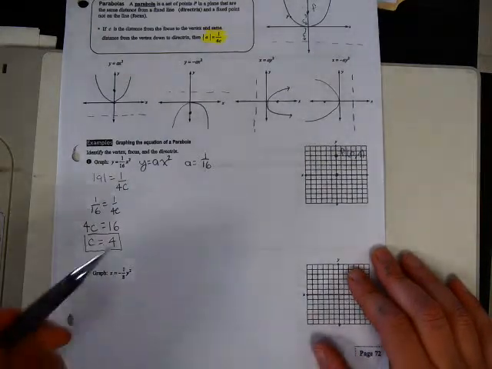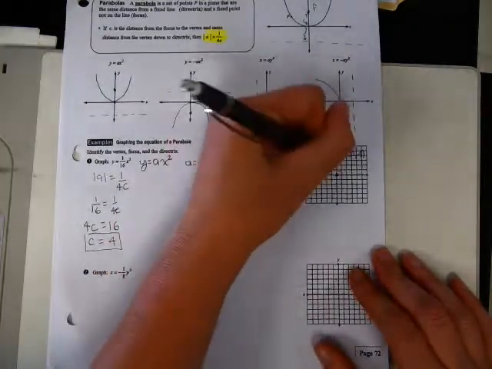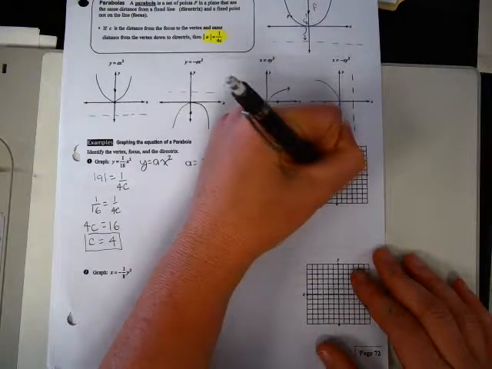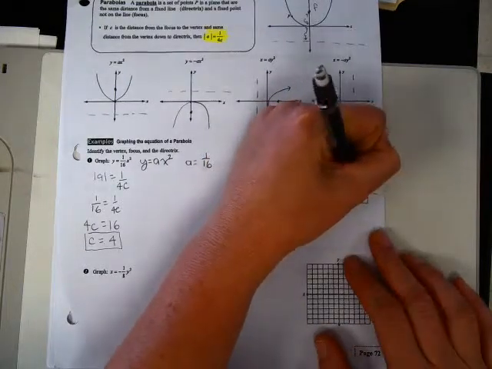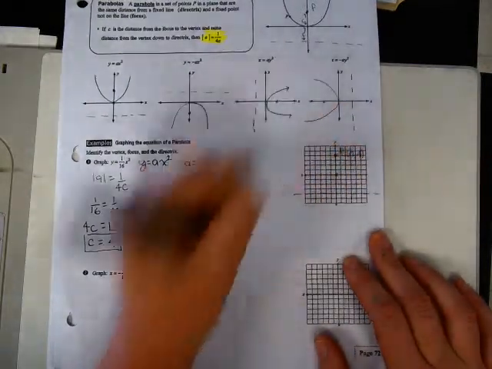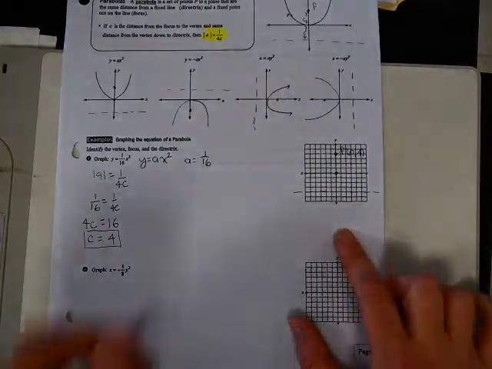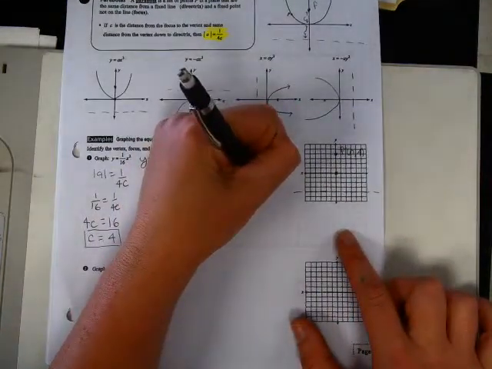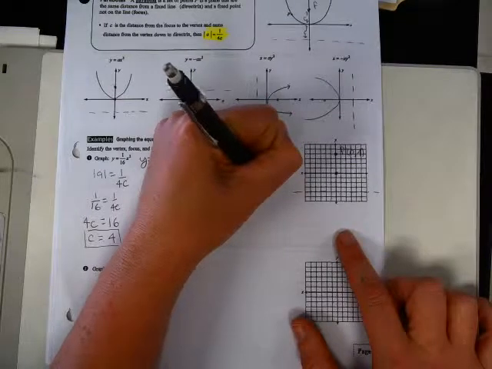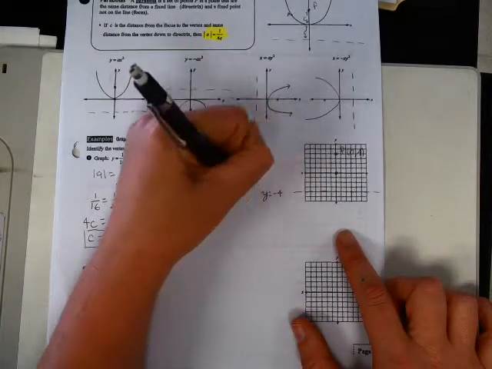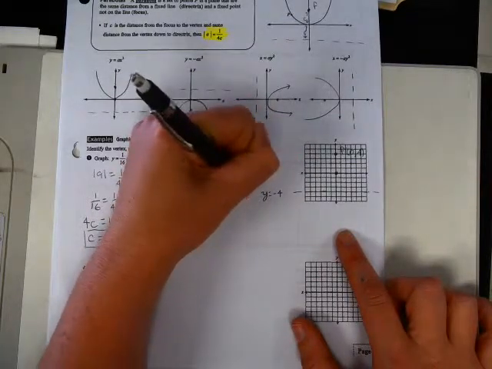And my directrix will be 4 units down from my vertex. 1, 2, 3, 4. This is my directrix. And the equation of this directrix will be y equals negative 4. Let's label that dir.